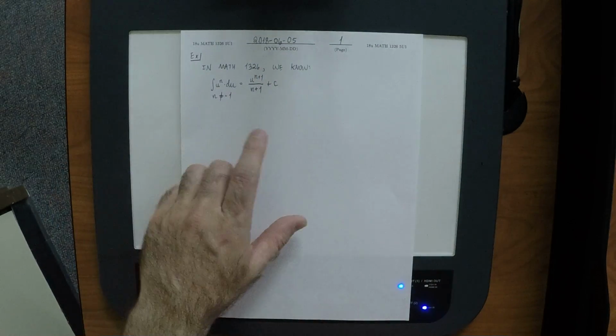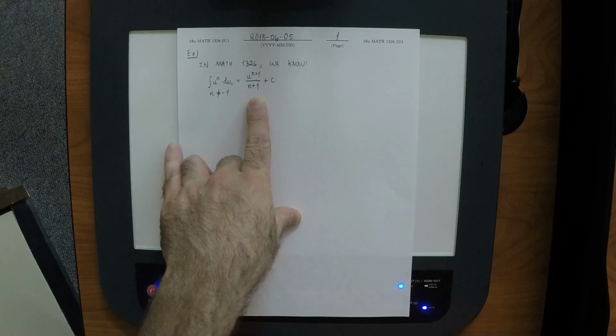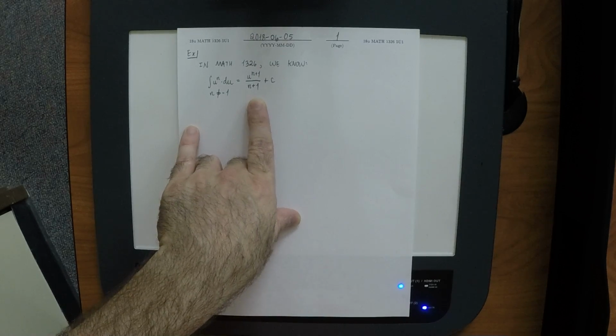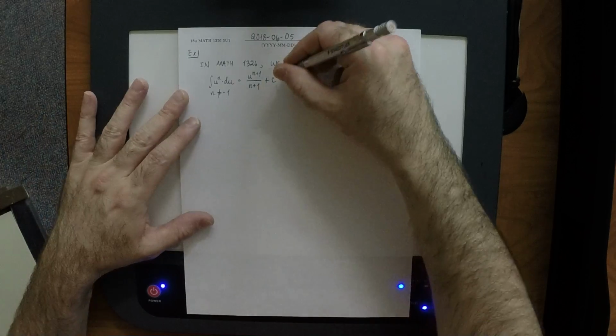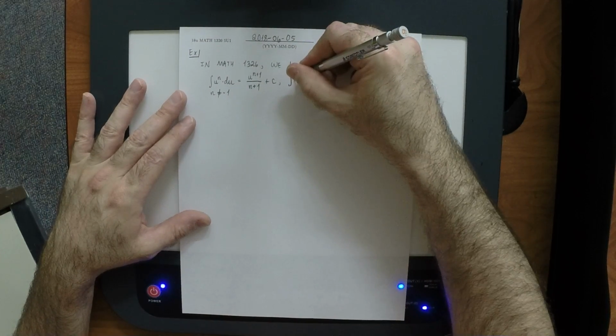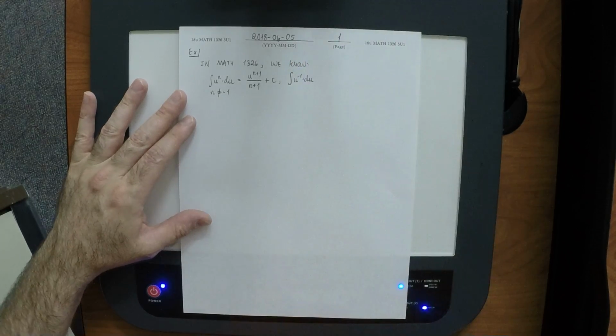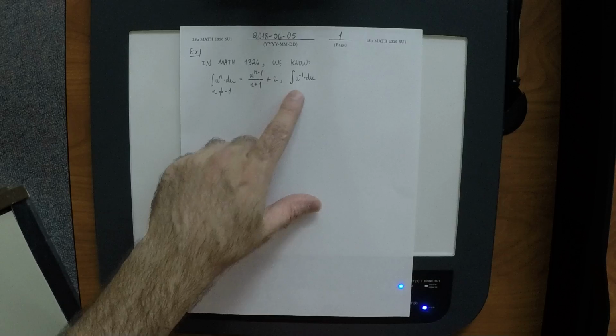The reason why n can't be -1 is because on the right-hand side of the formula, that would cause a division by 0. For the specific case of u to -1, we have a rule that covers that as well. What's the rule?